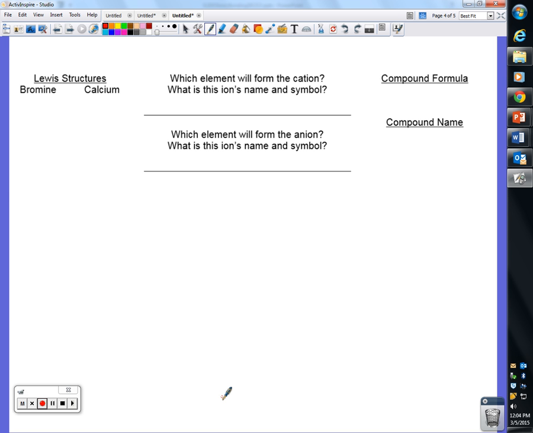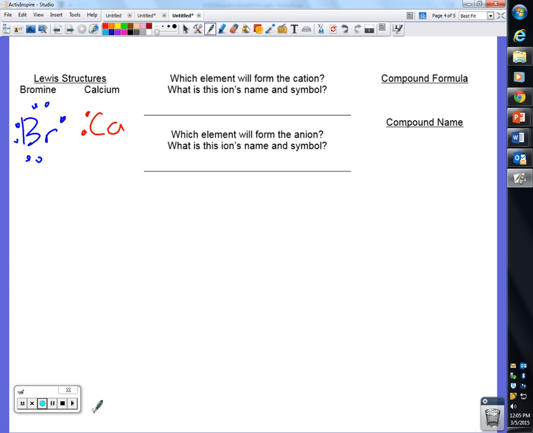And as you find them, if you want to draw their Lewis structures, you can. Check. Lewis structures for both of them are up on the board.